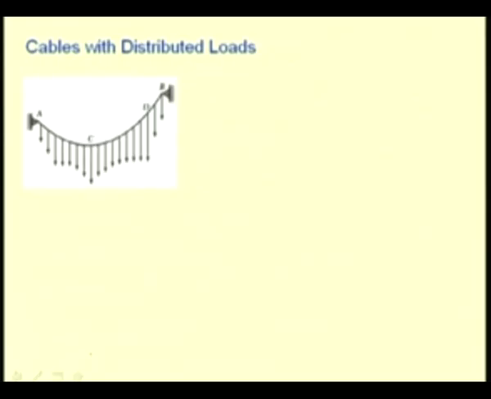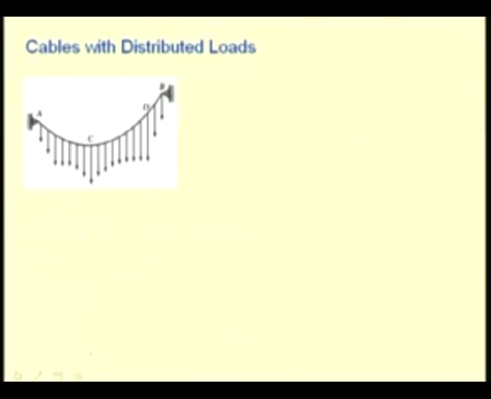This kind of situation occurs in the cables which support the bridges. In the earlier example, we have seen a cable supporting a bridge, and we see that at equal distances the cable is tied to the platform of the bridge.